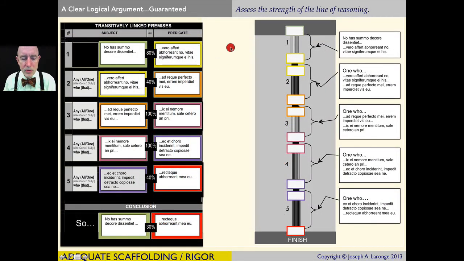Now here we show just a reminder of the scaffolding and the rigor that you get. I've used Greeking here to show you that as long as you follow the constraints that we've discussed, any argument that's logical, whether it's deductive, abductive, inductive, plausible, or of whatever nature, can fit within the structure.